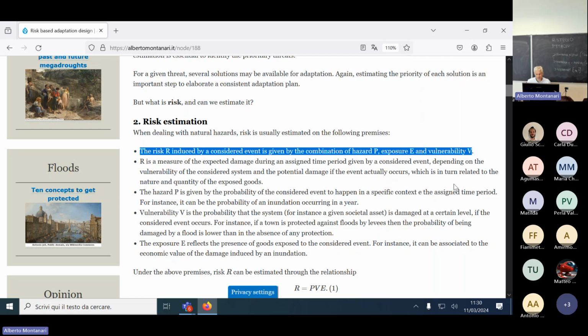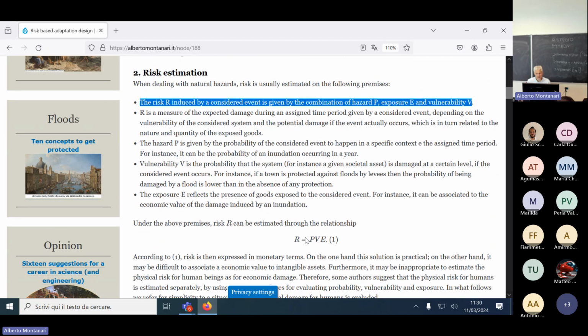Risk is expressed as the multiplication of these three factors, which we call PVE. P stands for hazard, E is exposure and V is vulnerability.